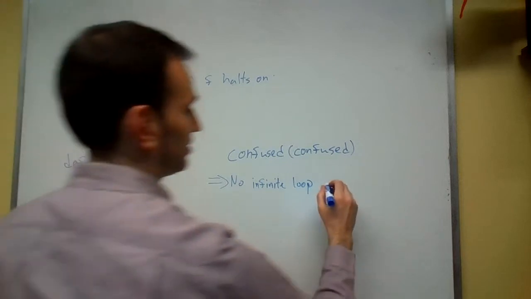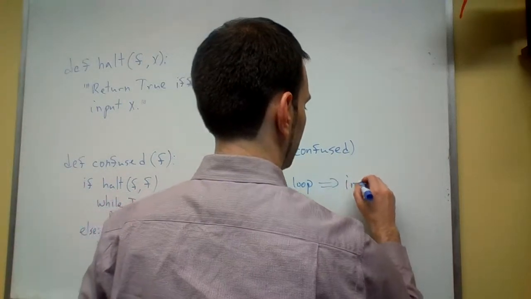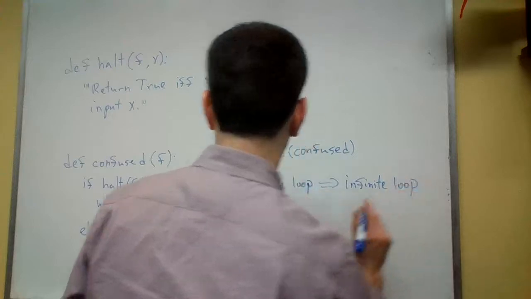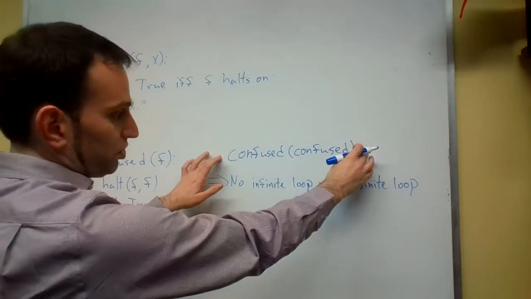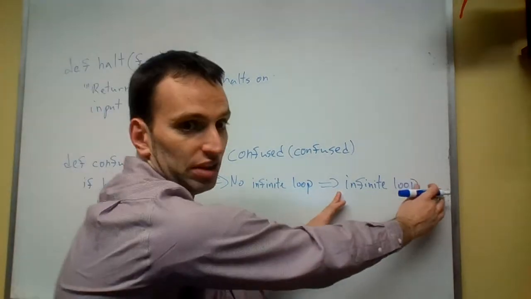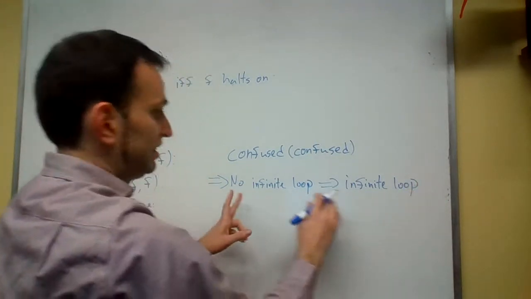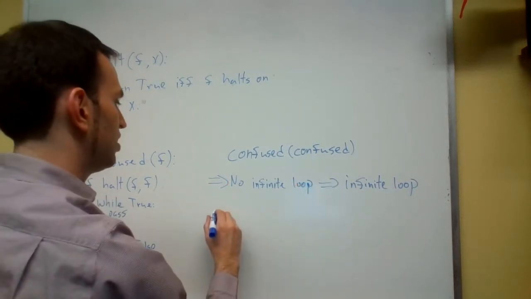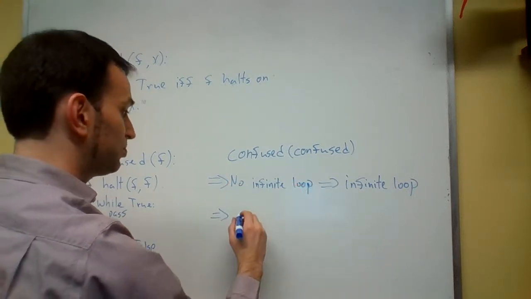Makes no sense. So that means that if you assume that this produces no infinite loop, you can deduce that you get to here and it does produce an infinite loop, which means that this wasn't a possibility in the first place. This is not happening.